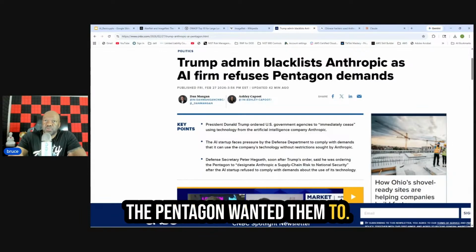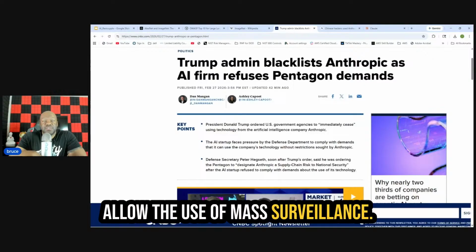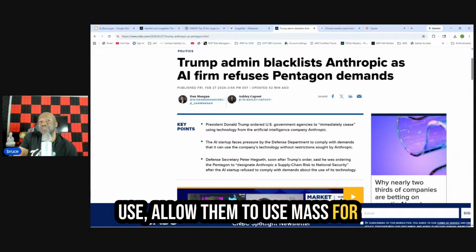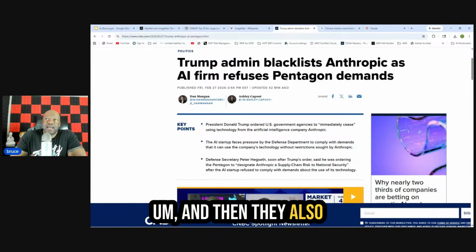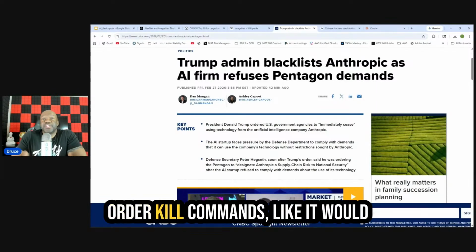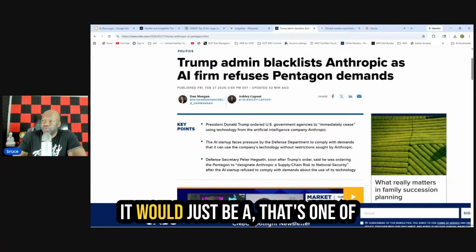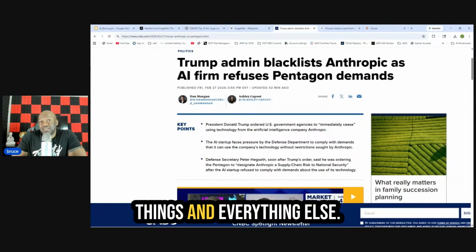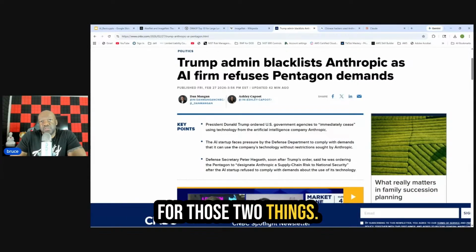The Pentagon wanted them to allow the use of mass surveillance using the AI, and then they also wanted them to allow AI to order kill commands, like it would be able to just kill humans without any kind of human in the loop, any kind of human in the kill chain. That's one of the principles Anthropic is against. Those two things, and everything else you can do whatever you want, but those two things, they're like, nope, you can't use our intellectual property for those two things, right?